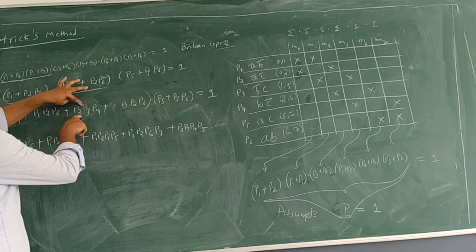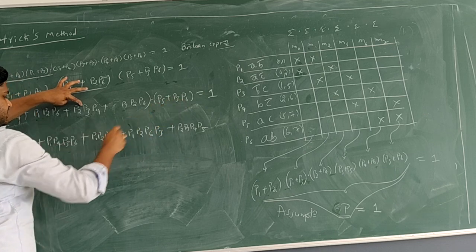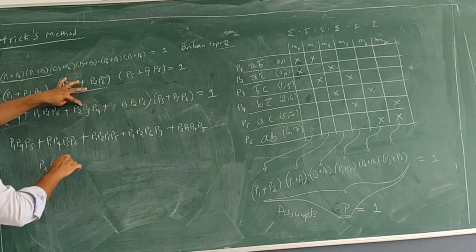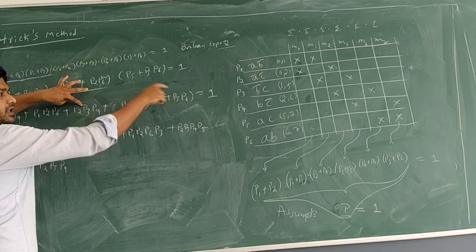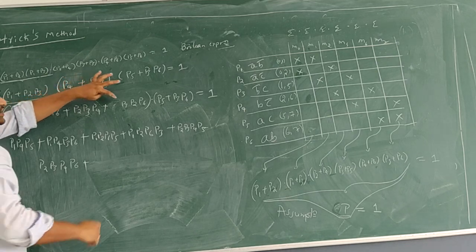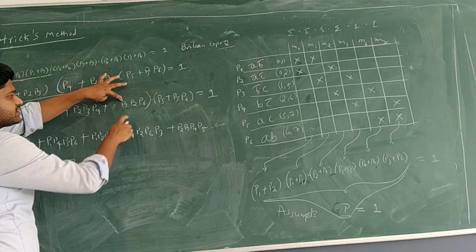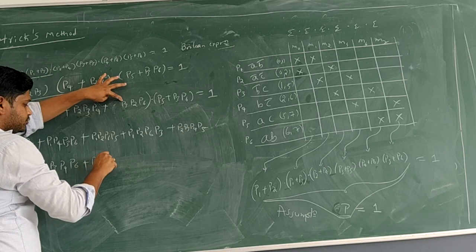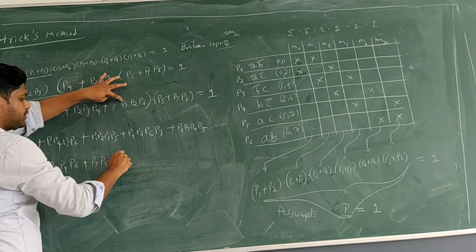Okay, 2 3 4 into 3 6, P2 P3 P4 P3 is already there, so I will write only P6 now. Okay, last expansion 2 3 6 with 5, P2 P3 P6 P5.